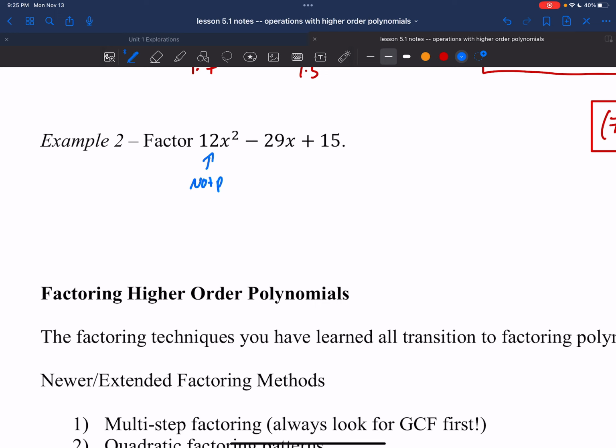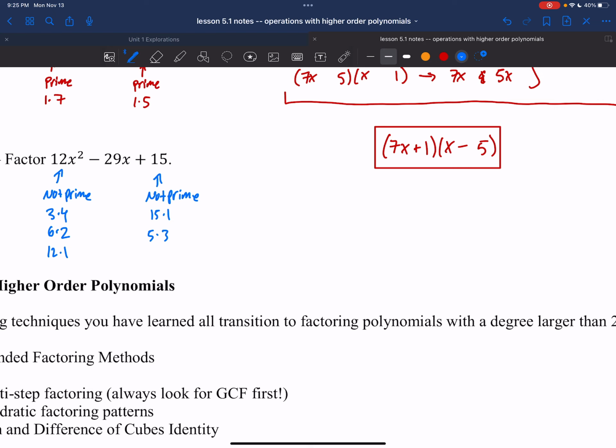So you'll notice with example 2, this starts to fall apart a little bit because 12 is not prime, and neither is 15. So this method starts to get a little bit messy because you could do 3 times 4 or 6 times 2 or 12 times 1. And then you could do 15 times 1 or 5 times 3. So you have many, many options, right?